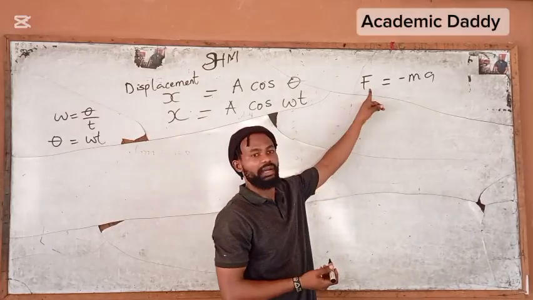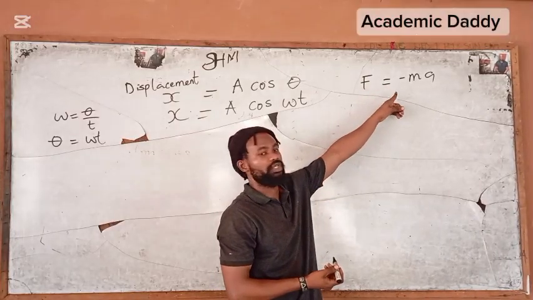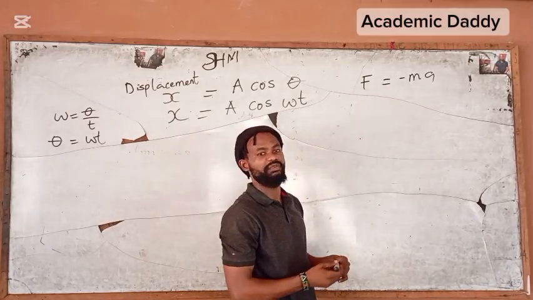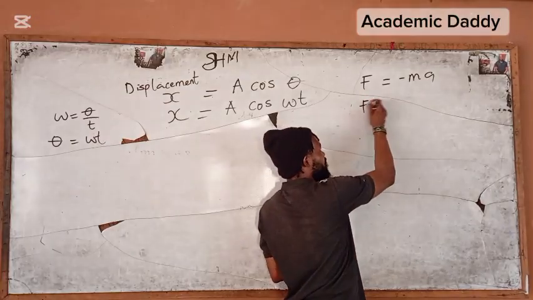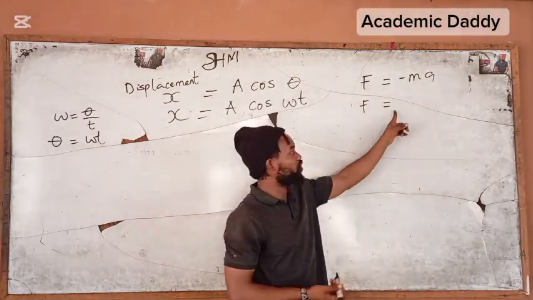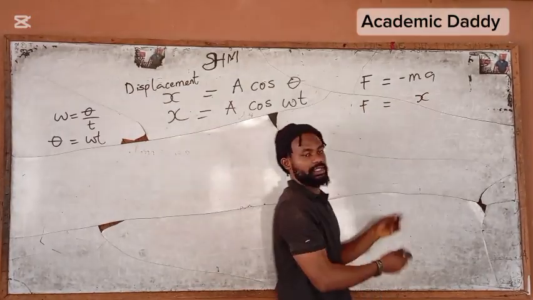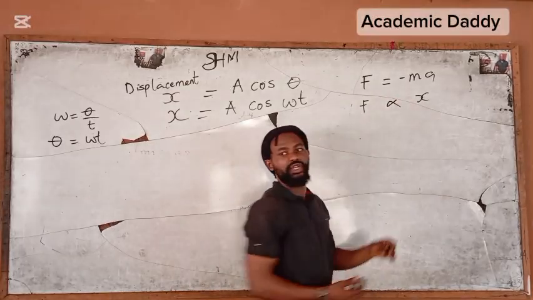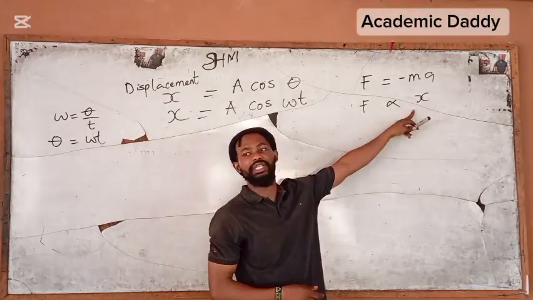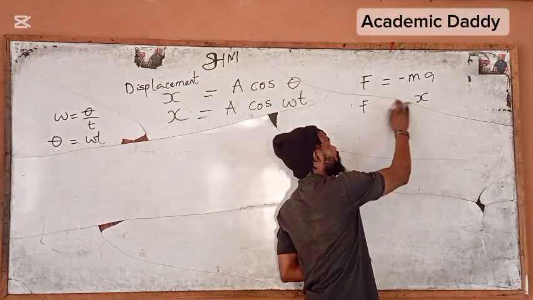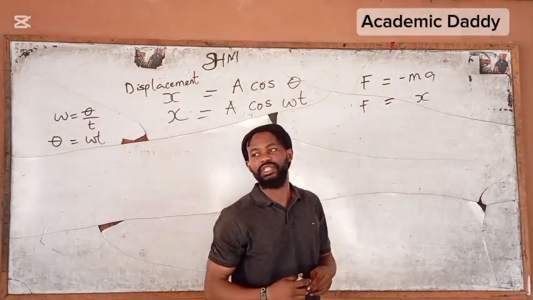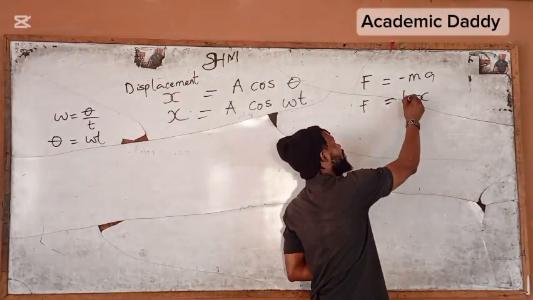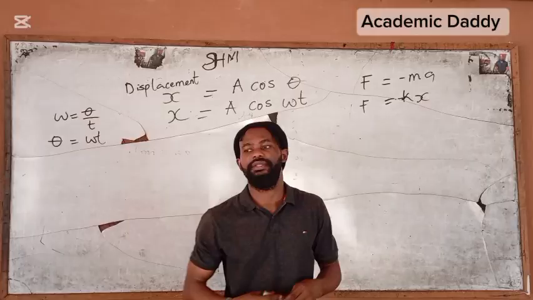But since we are talking about simple harmonic motion, it moves in opposite direction, so it's going to be negative MA. Also F is directly proportional to the displacement, X. But whenever we introduce a proportionality constant, it will have K, then the negative sign.